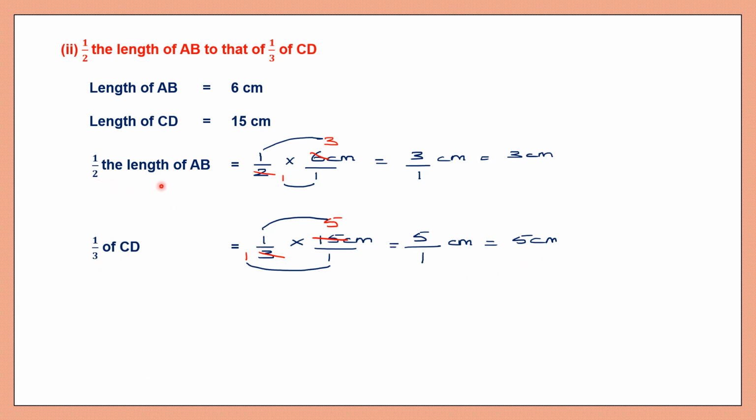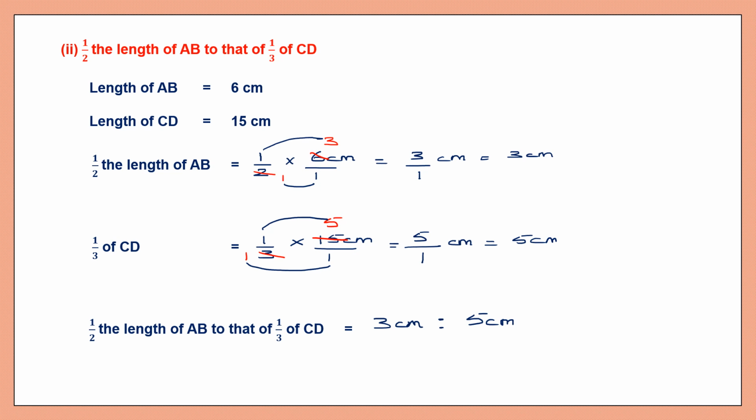We have found half the length of AB and we have found 1/3 of CD. So now half the length of AB to that of 1/3 of CD is what? So half the length of AB is 3 centimeters and to that, means to that is the ratio, 5 centimeters. Now we have to write this in the form of a fraction, because that was the main question, isn't it?